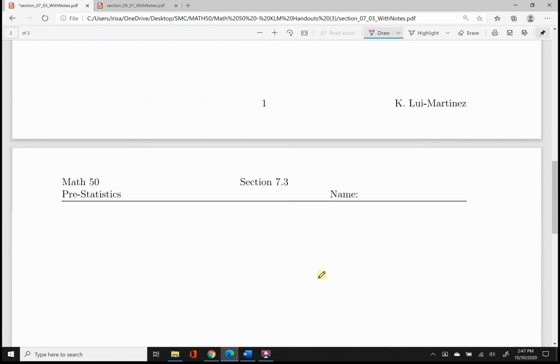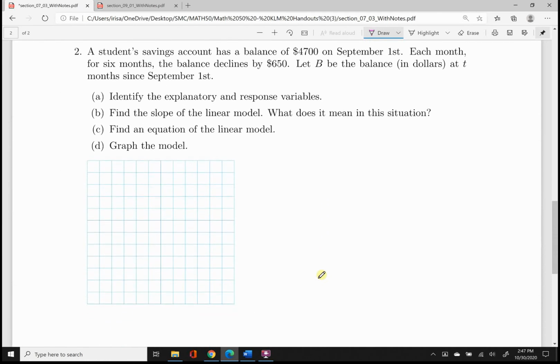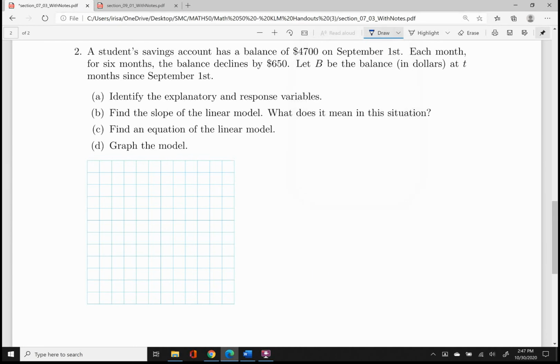Let's go ahead and try this process one more time with this student savings account problem. Okay, so a student savings account has a balance of $4,700 on September 1st. Each month for 6 months, the balance declines by $650.